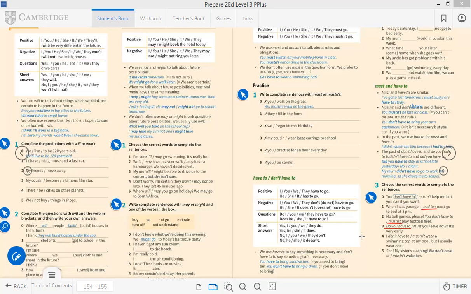Number 4, two possibilities. Wear a swimming cap at the pool, but I usually wear one. I don't have to.